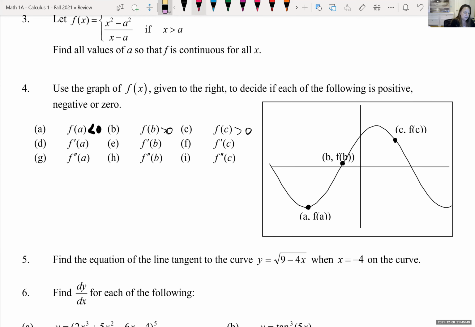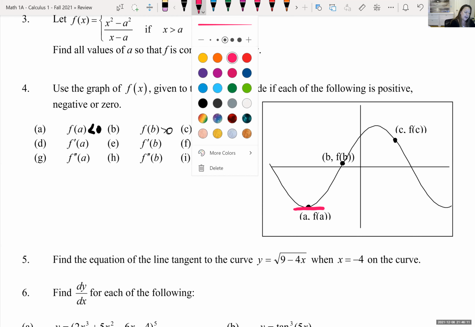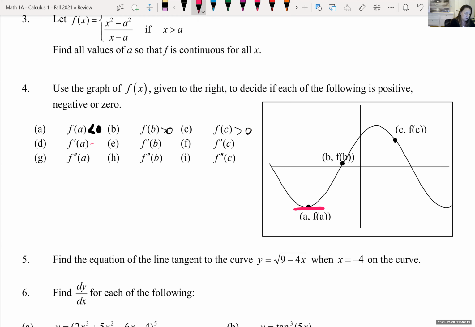So now looking at the derivative and interpreting the derivative based off this function, we know the derivative is the slope of the tangent line at that point. Well, if I drew a tangent line at that point a, f of a, that would be a horizontal line because we have a minimum there. And so I know there my derivative has to equal 0.